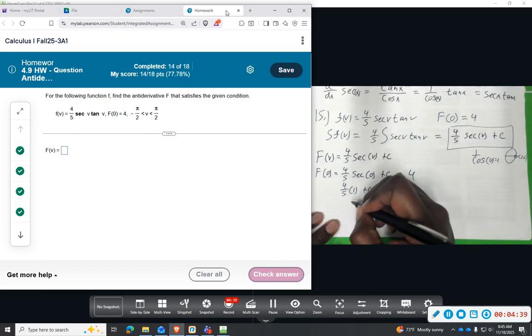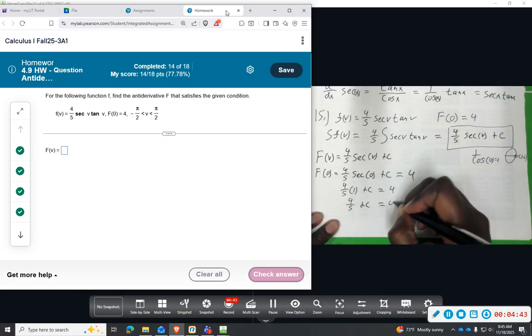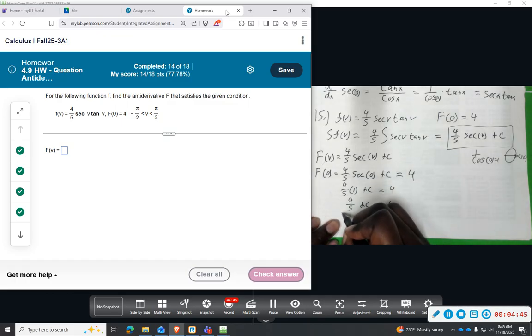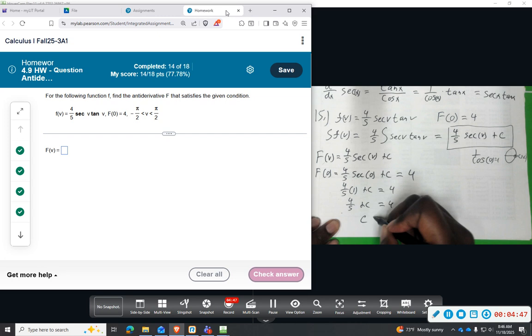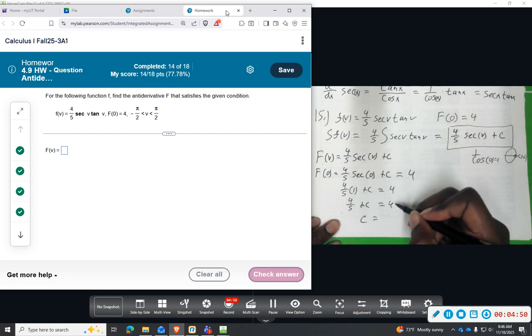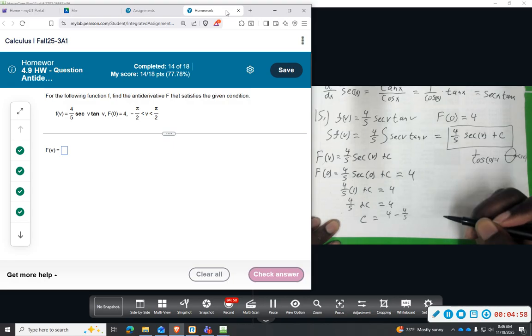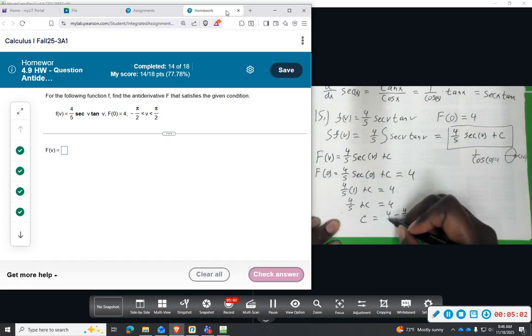So we have 4 over 5 plus c equals 4. And if we subtract the 4 over 5, we get c equals, let's just leave it as a fraction, with a common denominator, 4 over 1 times 5.